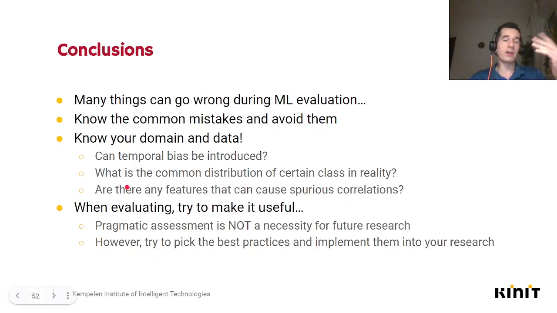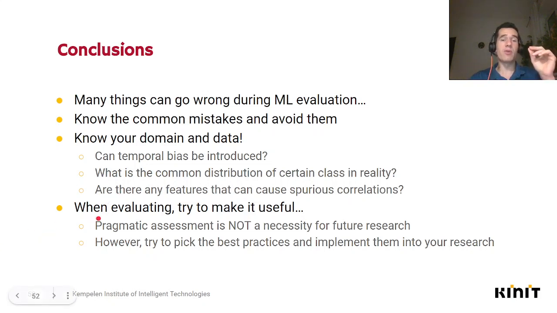Again, knowing our data, are there any features that can cause spurious correlations? Yeah, timestamps, IP addresses, MAC addresses, file names, DNS, I don't know. Depends on your domain, depends on your data, depends on what you are doing.